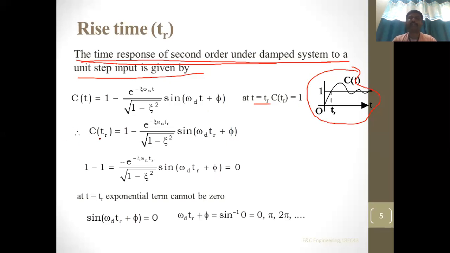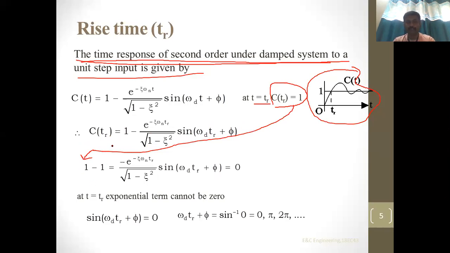Thereby, c of tr is equal to 1 minus e power minus xi omega n tr, because t has been replaced with tr, divided by root of 1 minus xi square into sine of omega d tr plus phi. Now, at t is equal to tr, c of tr is equal to 1, thereby this is equal to 1.